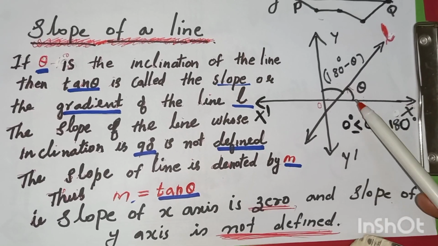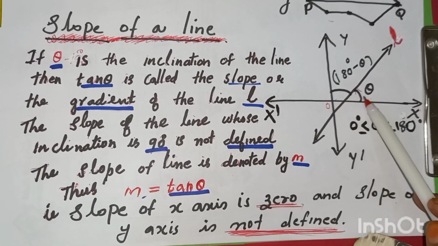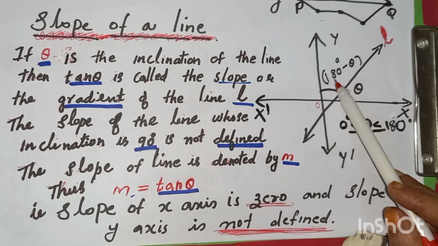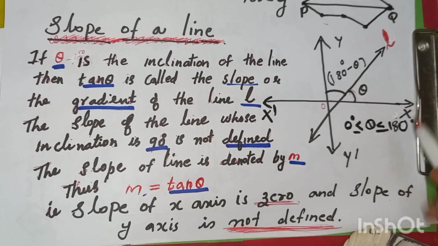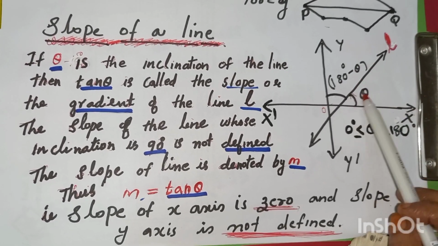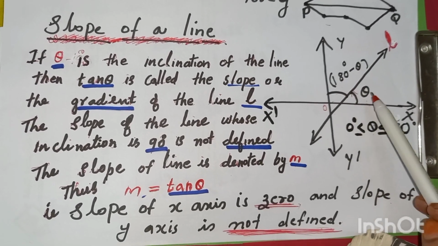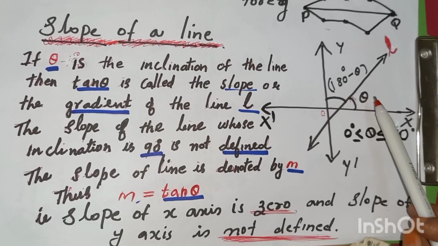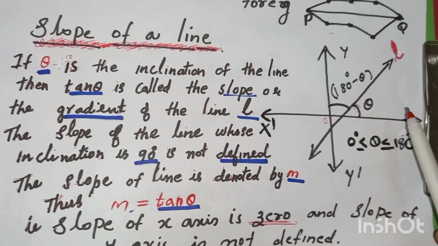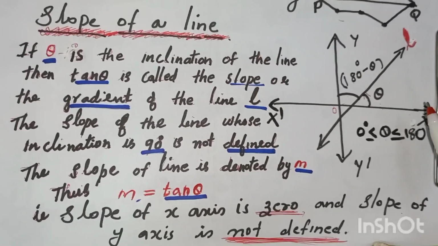The line forms two angles with the x-axis. What are the two angles? One is theta and the other one is 180 minus theta. These two angles with the x-axis are supplementary, isn't it?